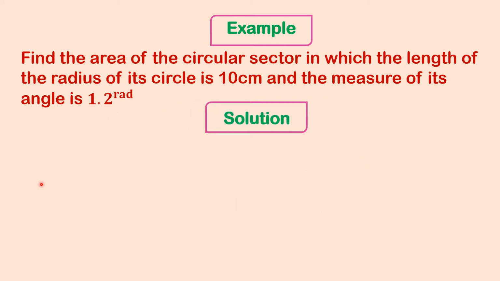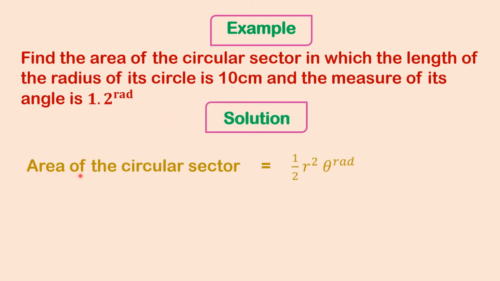So the solution is: area of the circular sector equals 1 over 2 r power 2 theta rad. We will substitute: 1 over 2 times r, which is 10 centimeters as given in the example, so 10 power 2 times theta rad, which was 1.2. So the answer is 60 centimeters squared.